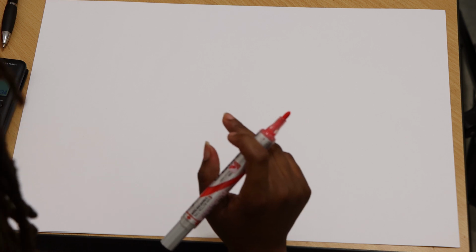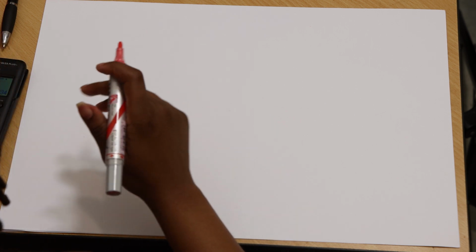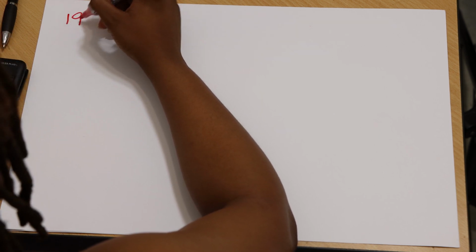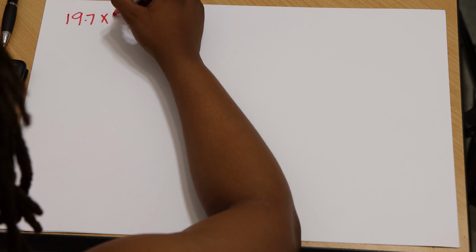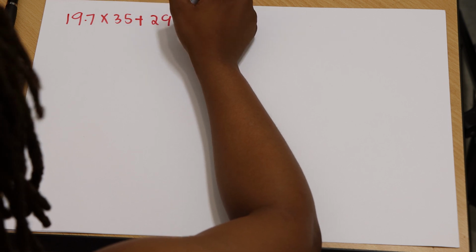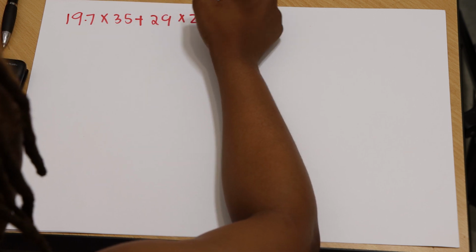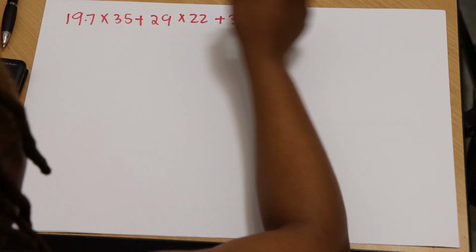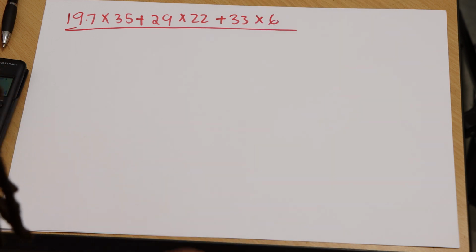So in this equation, for the sum of P1 Q1, we're going to multiply the second last column with the last column. Right, so it's 19.7 times 35 plus 29 times 22 plus 33 times 6. Then we divide by P1 Q0.